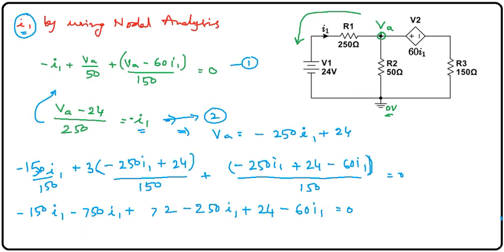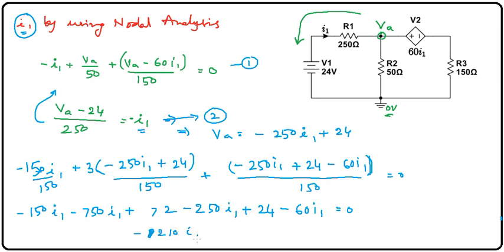So now, yes, all are minus only, minus I1. So 150 plus 750, it is 900 I1, and again 60, 960 I1. Okay, yes, this is 750 I1 and 250 I1. So it is 1000 I1. This is 210. So 150 plus 60 is 210. So 1210.